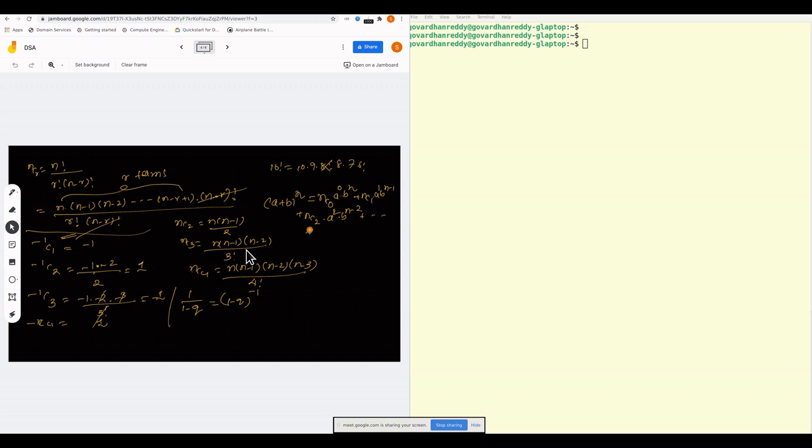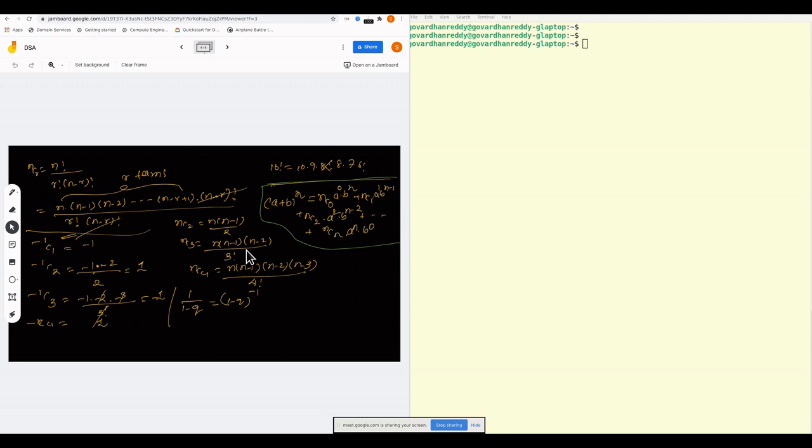Towards the end it will be nCn into a power n into b power 0, which is 1. I'm just writing it for the sake of completeness.